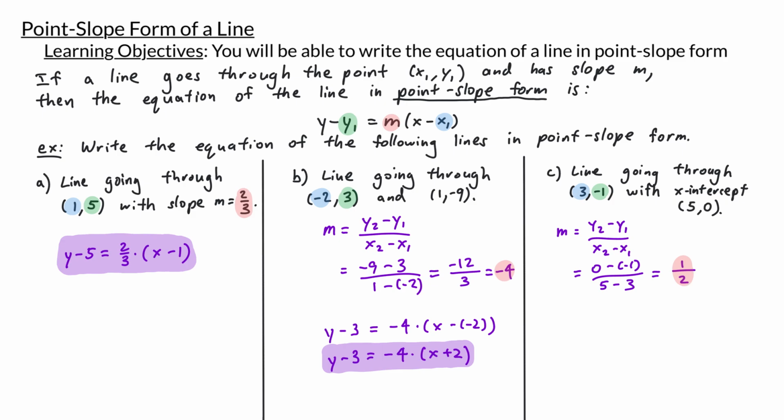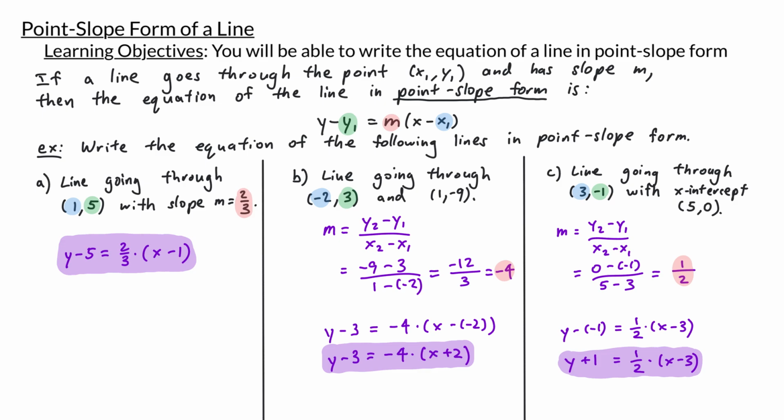So our equation is y minus -1 equals 1/2 times (x minus 3). The double negatives here can be rewritten as y plus 1 equals 1/2 times (x minus 3). And that's all we have to do. This is the point-slope form for the equation of our line.